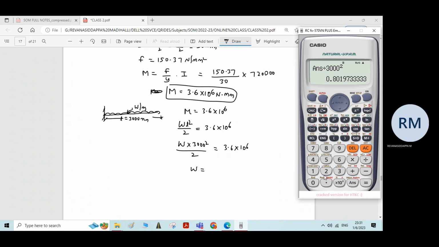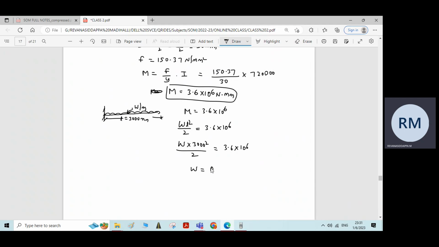Suppose it is 0.8019. It is Newton per millimeter. This is W per millimeter because distances are taken as millimeter. Then in terms of Newton per meter, you can convert this as Newton per meter. 0.8019 Newton.